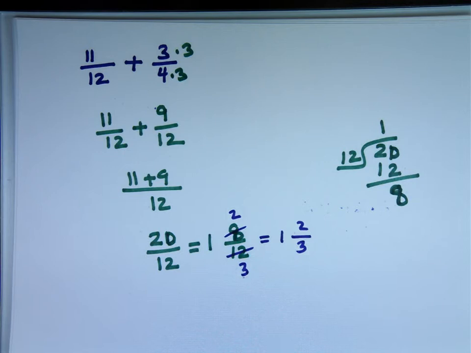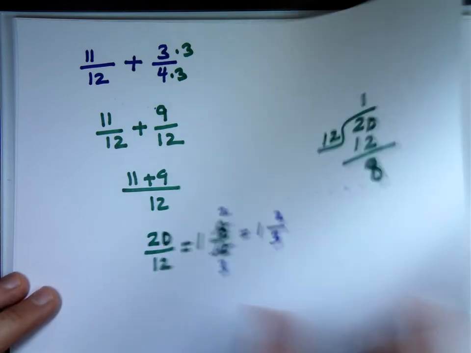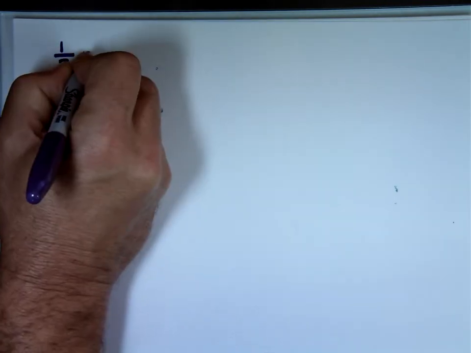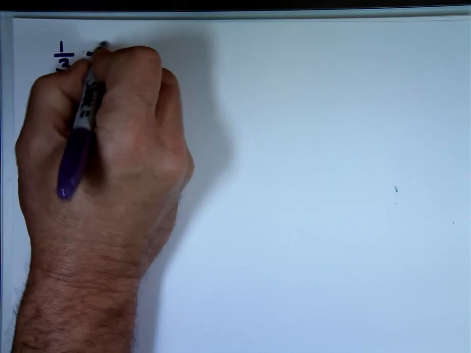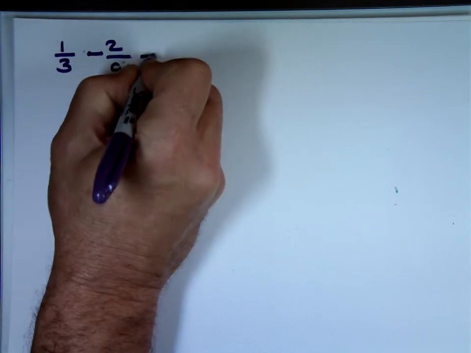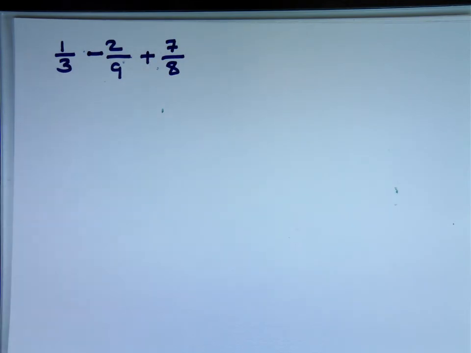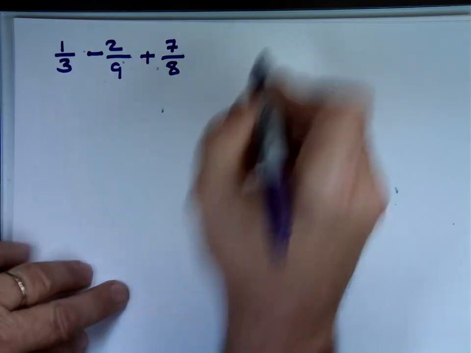Let me squeeze one more. One third minus 2 over 9 plus 7 over 8. That one, I got to think about the LCD. I can't really guess. Well, I could.